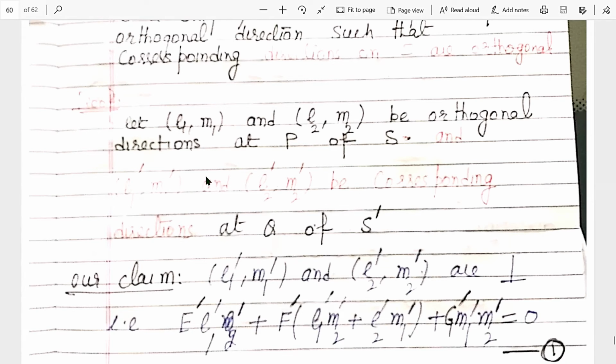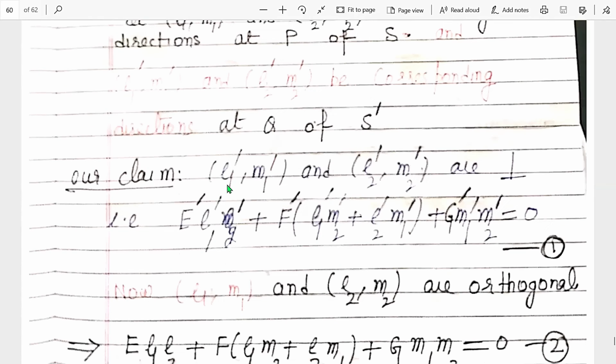Clear? Now let L1 M1 and L2 M2 be orthogonal directions at point P of S, and similarly L1 dash M1 dash and L2 dash M2 dash be the corresponding directions at Q of S dash.